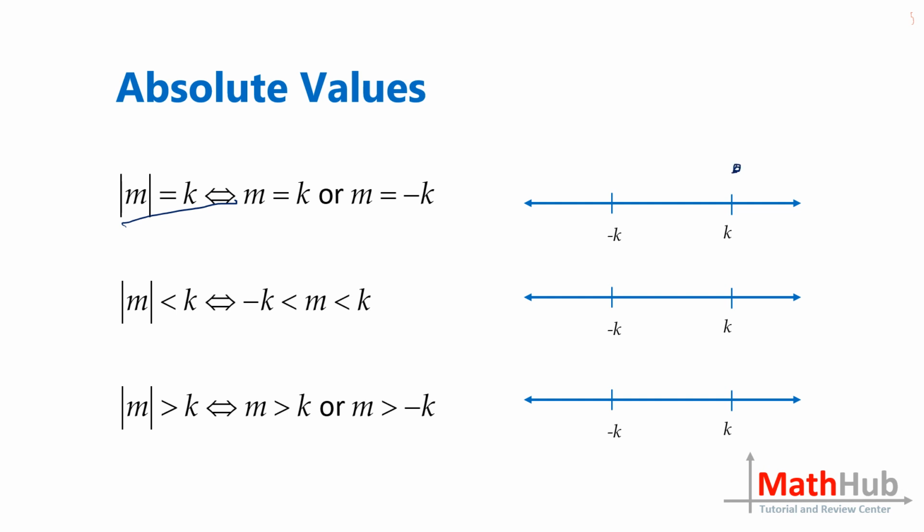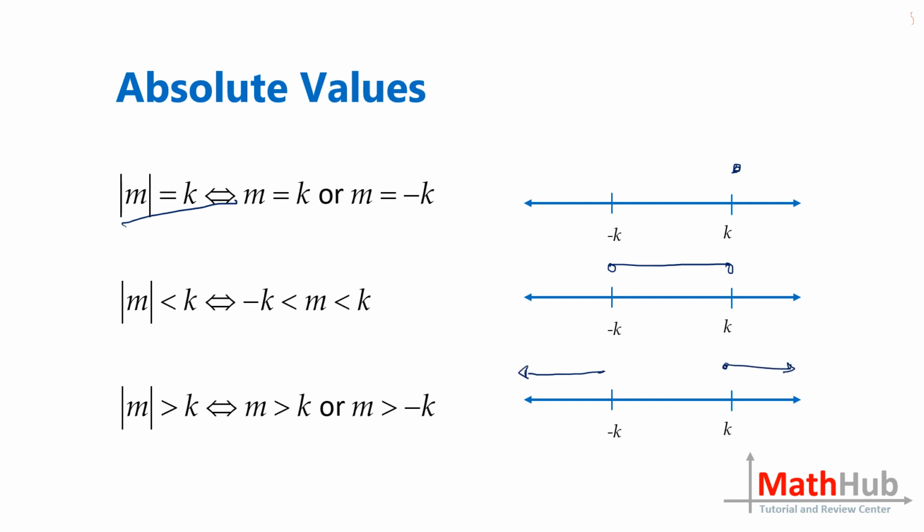And if you have less than, the solution set will be this interval, and k and negative k are not included. Whereas if it's greater than, it's here.